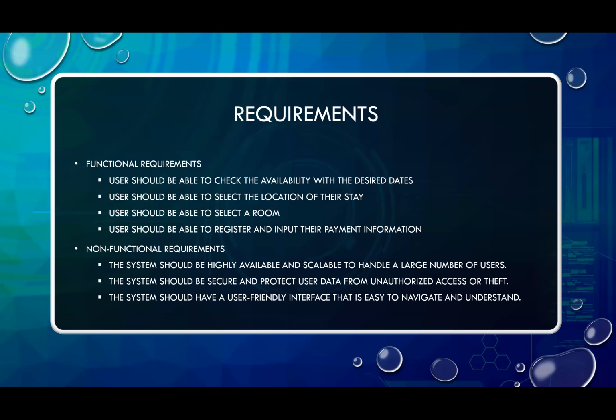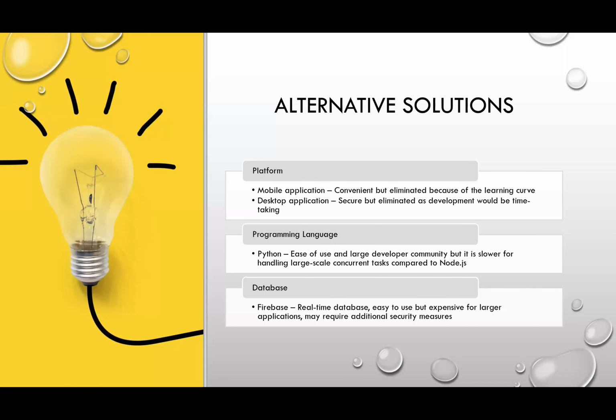Moving on, in this application, we have only developed for the desktop, and we have used JavaScript and Node.js for this, and DynamoDB as a database. We also have alternate solutions, but they come with drawbacks.